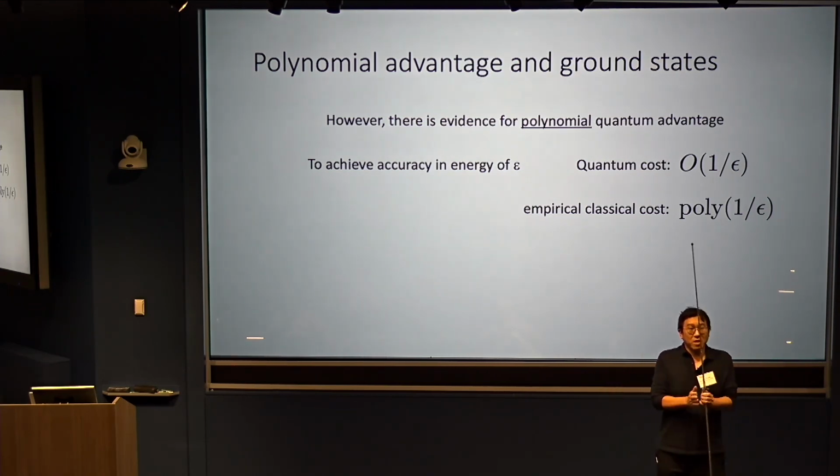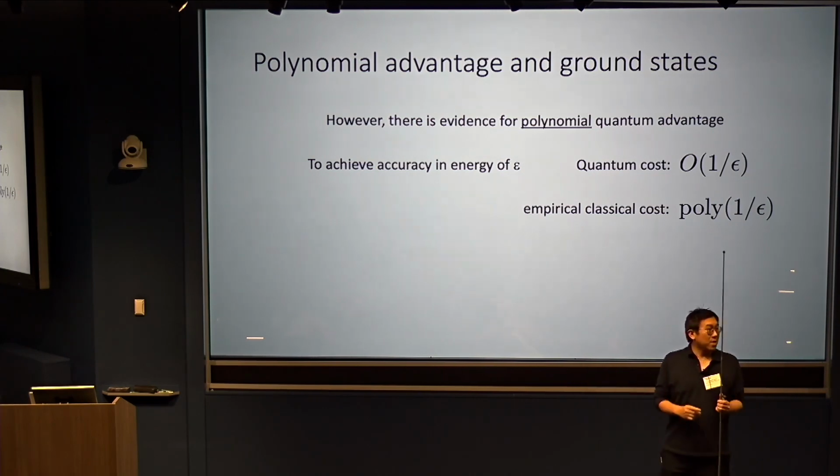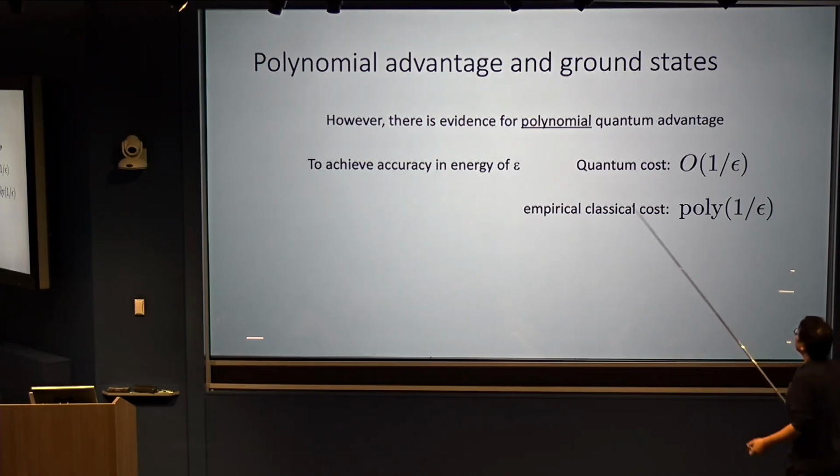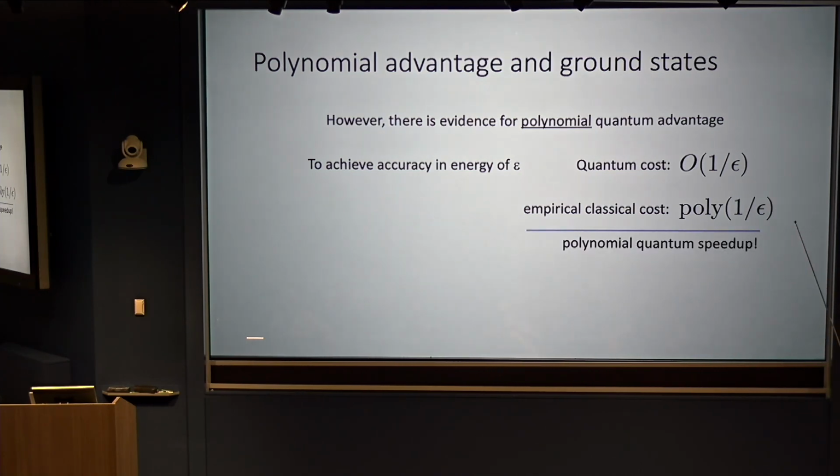So if you simulate for some length of time, then you can get some precision, which is 1 over that length of time. That means the cost to obtain some given precision is just 1 over the precision. And so you see there's an immediate polynomial factor here, and you'd expect there should be some type of polynomial quantum speedup.